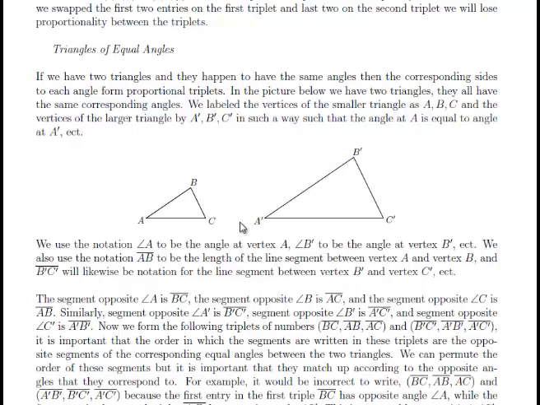That can be proven simply by establishing that 2 out of the 3 angles are equal. For example, if I say that angle A is equal to angle A prime and angle B is equal to angle B prime, well, the triangles have to be similar to each other, because C has to be equal to C prime. If A is equal to A prime and B is equal to B prime, well, every triangle's got to add up to 180 altogether.